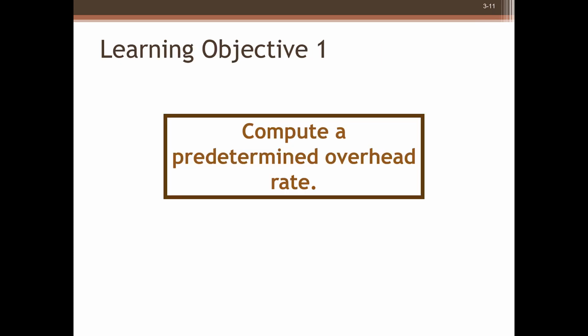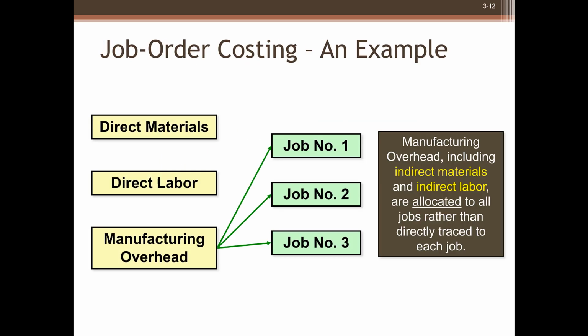We will allocate manufacturing overhead to the job using a predetermined overhead rate. Recording absorption costing, in addition to direct materials and direct labor, product cost should include manufacturing overhead as well. So manufacturing overhead also needs to be recorded on the job cost sheet.